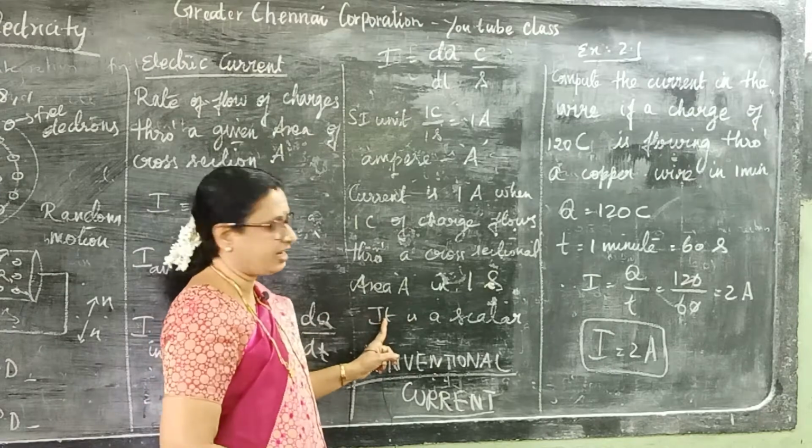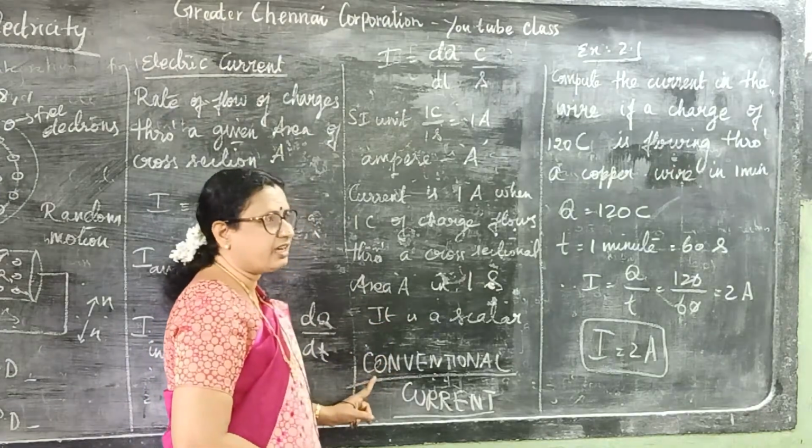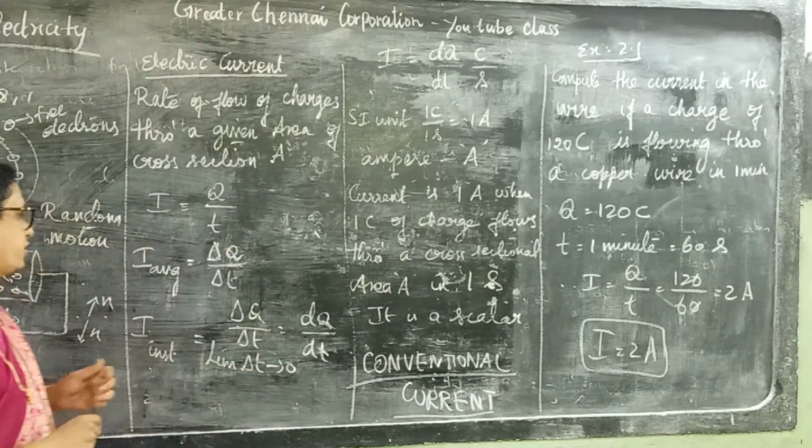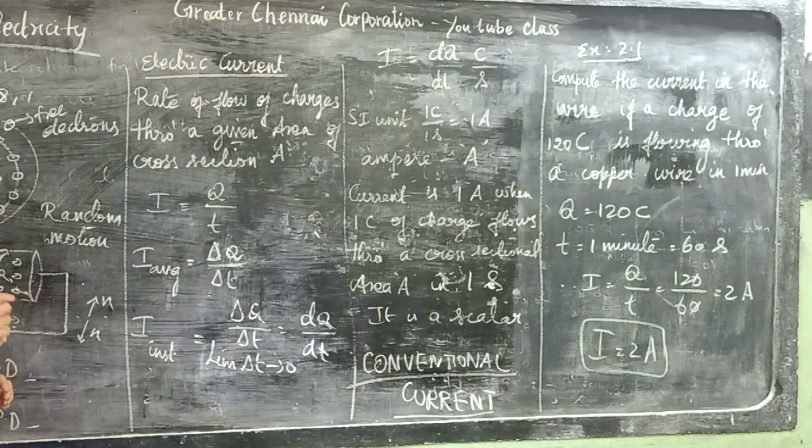So current is a scalar quantity. The current we are mentioning here is only the conventional current. What is this conventional current? Conventional current is taken in the direction of the path of a unit positive test charge. A unit positive test charge will move towards the negative terminal.